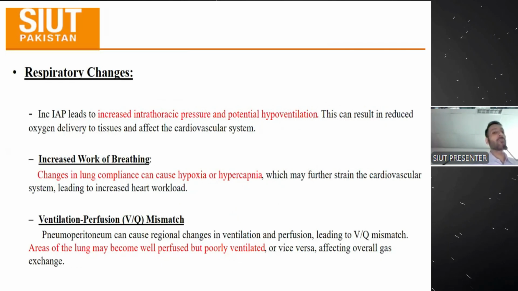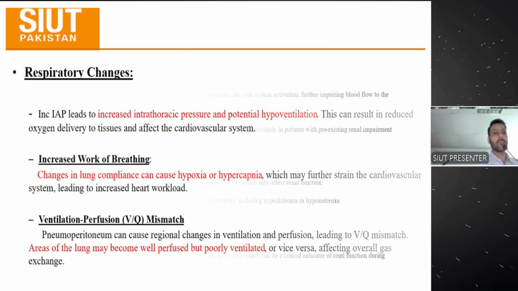The patient has to breathe more. There is increased work of breathing, which changes the lung compliance and causes hypoxia or hypercapnia. There is also a ventilation perfusion mismatch, where areas of the lung become well perfused but are poorly ventilated. So these are the respiratory changes that happen during the procedure.